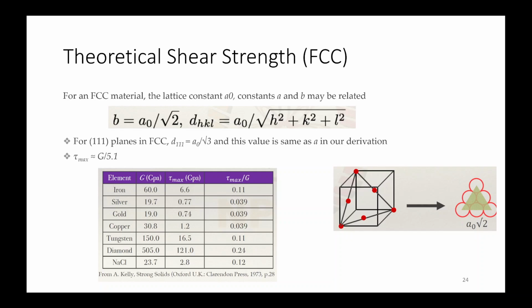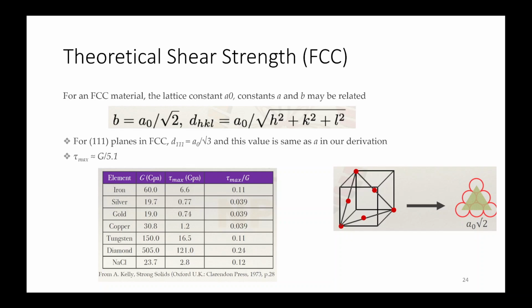In that case, you can see that the strength will be near to this, but still less than that. Such crystals, which don't have any dislocations, defects and impurities, are known as whiskers.